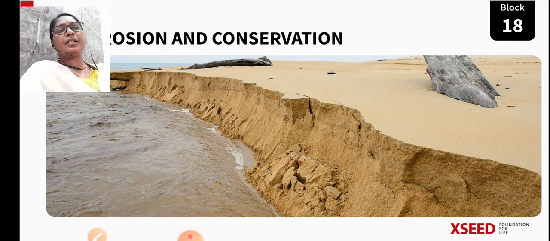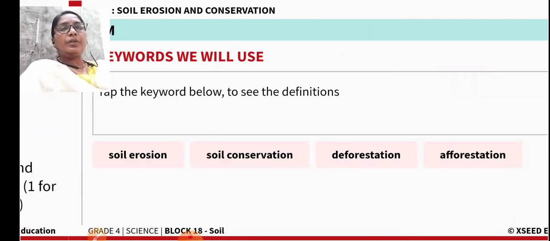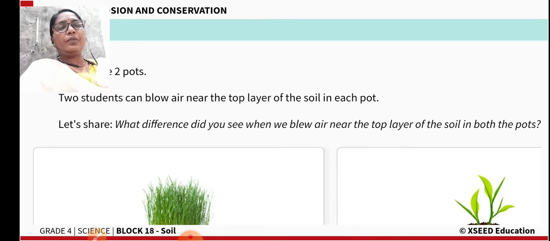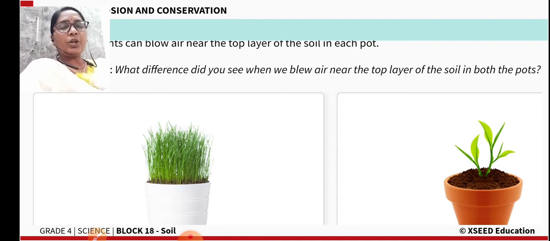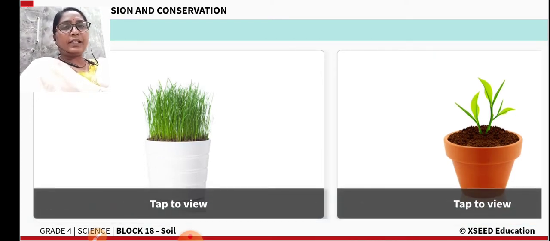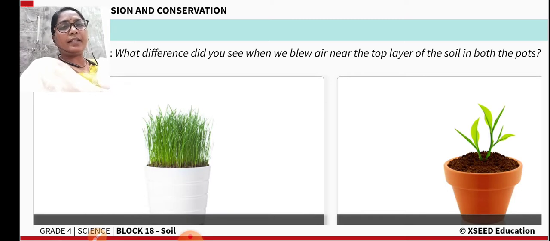So in this picture you can see clearly how soil erosion is taking place due to moving water. So to understand more about this, we'll do this activity. You need two potted plants. One pot is full of grass, the topsoil totally covered by the plants. In another pot, we planted only a single plant. Okay? Make an arrangement like this.